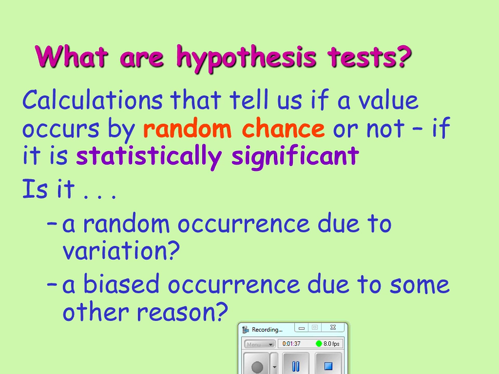Or maybe it was a biased occurrence that's due to whatever other reason that could have happened. So again, you're thinking back of your statistic of what you're finding and you're checking to see if it's random or not and if it's significant. And we'll talk a little bit more about that when we get to our levels.